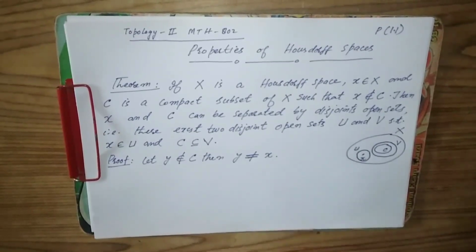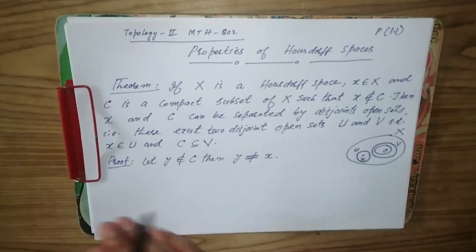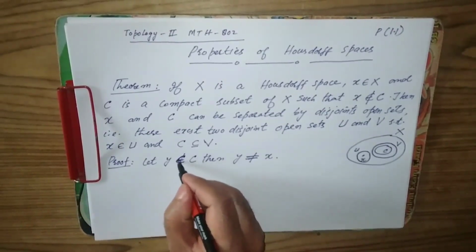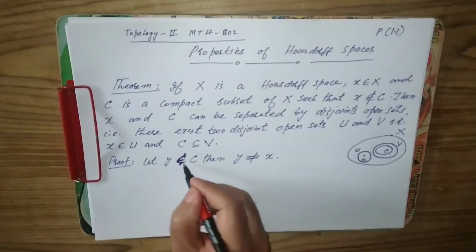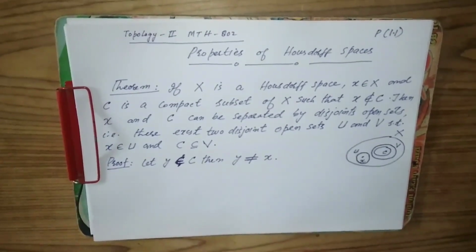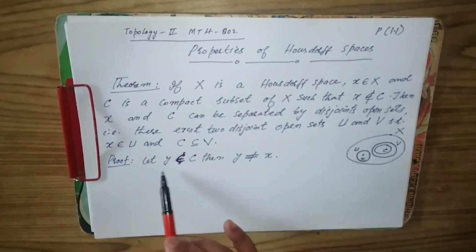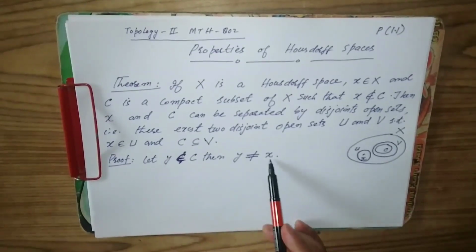Since these two disjoint open sets depend on y, because y is an element of C and x is not in C, for all such points y in C, every such point is not equal to x.